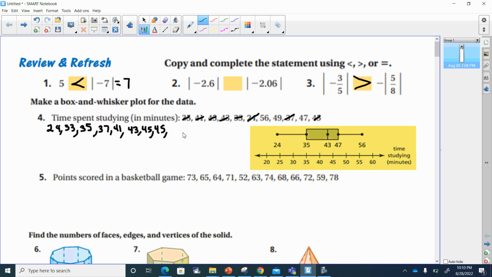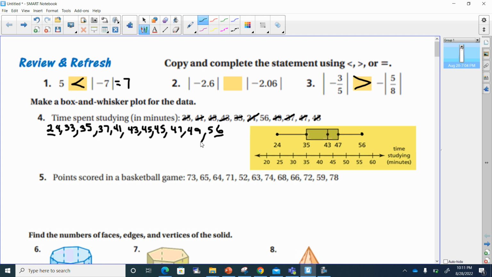Next would be 47. And then 49. And of course, last but not least, 56. Now from here we see our range is from 24 to 56, as everyone can see over here where they got 24 and 56.